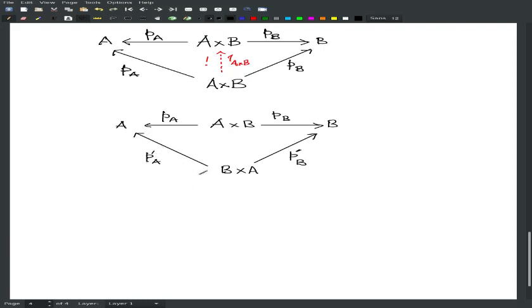So these are also projections. So it is something like this. So this is PA prime, it takes it to A, same. Now, how would you fill in this one?